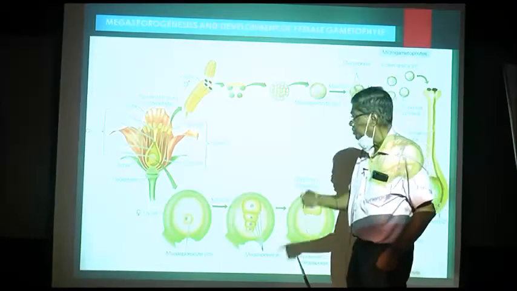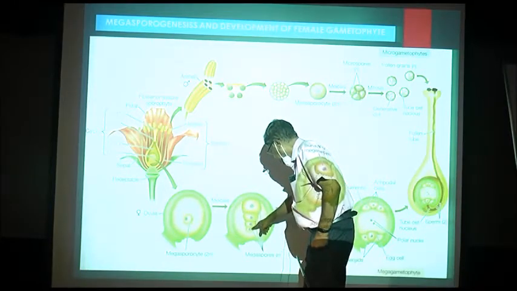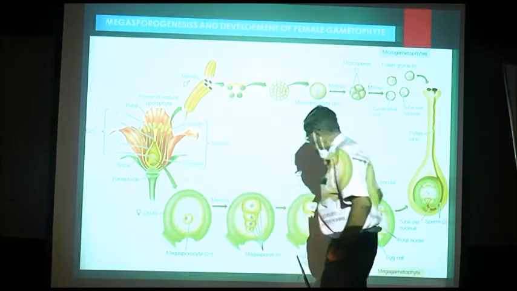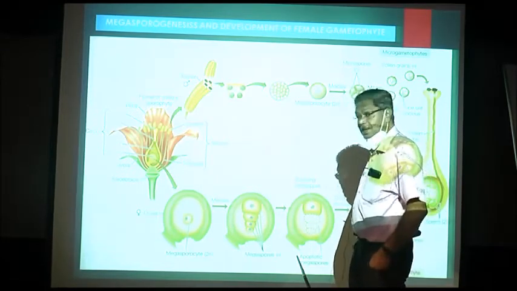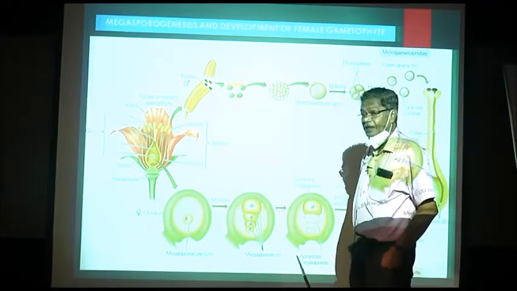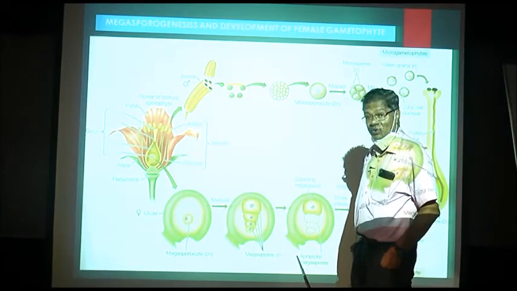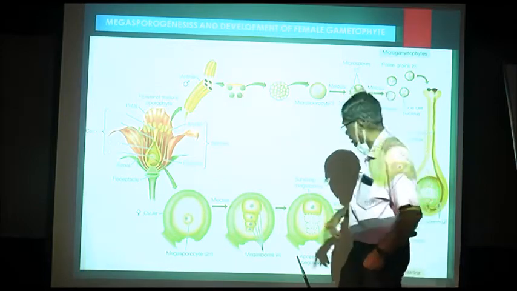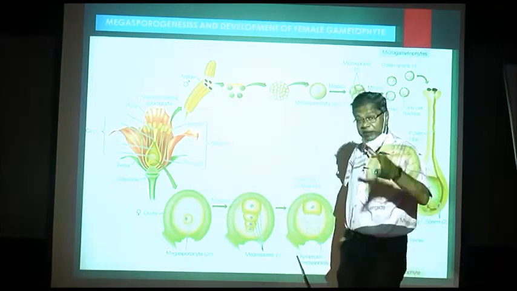This undergoes meiosis and forms 4 megaspores which are haploid. Now in the anther also, the microspore mother cell formed 4 microspores. Here also 4 spores are formed, which are megaspores.